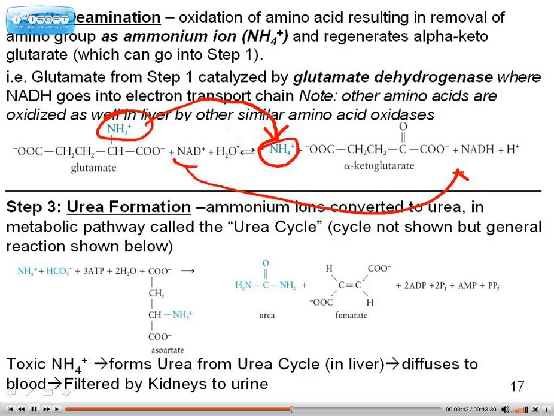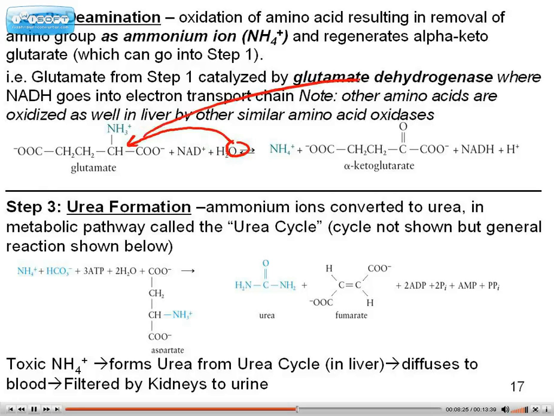At the same time, you're going to have an incoming water molecule, and this is where it gets a little bit complicated, but the oxygen from the water molecule is going to form a brand new carbonyl group with a vacating hydrogen. As far as this class goes, you can just assume that the hydrogen that's vacating is going to be attached to the NAD, forming NADH.